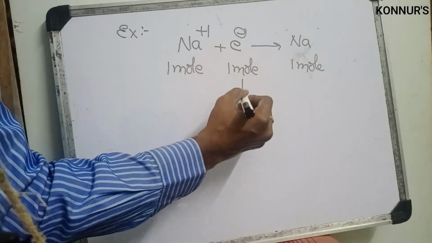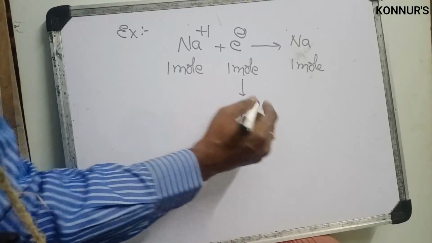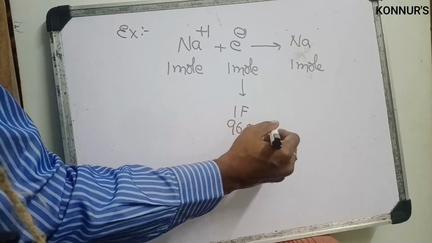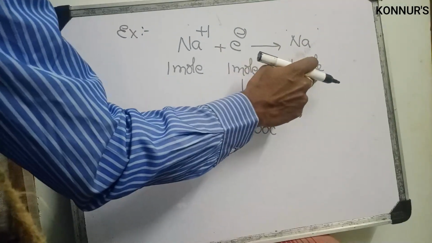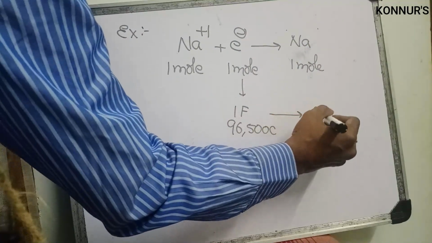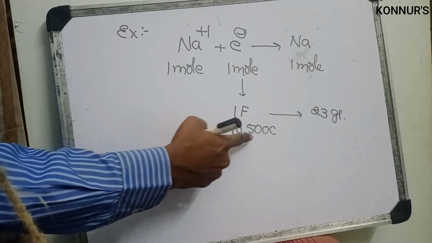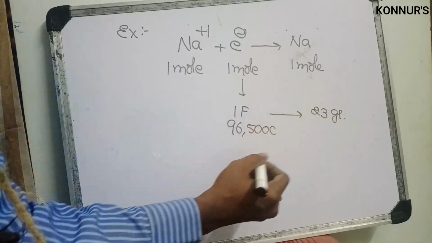1 mole of electrons means we are sending 1 Faraday current. 1 Faraday current means 96,500 coulombs we are sending. So how much is deposited? 1 mole of sodium means how much weight? That is 23 grams. We are sending 96,500 coulombs, then sodium deposited is 23 grams.